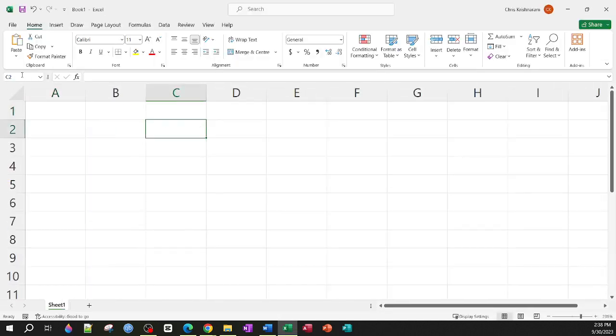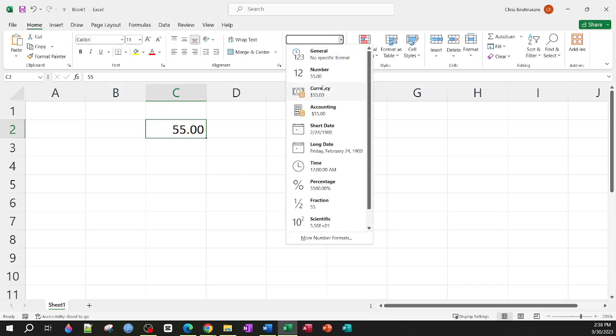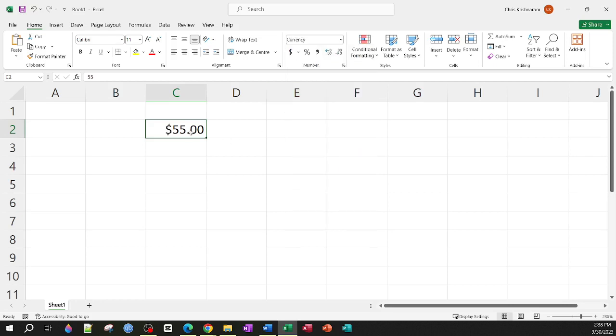So this is a cell, the cell had a name, and if we type in 55, we could say that 55 is a number, or we can say 55 is a currency, or we can say 55 is a date, and it's represented in that manner.